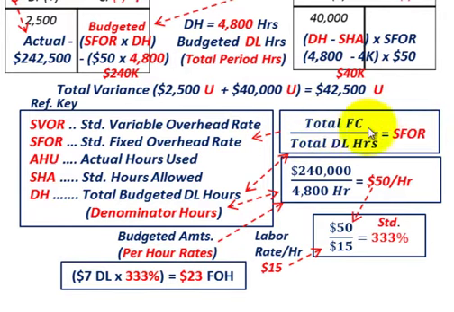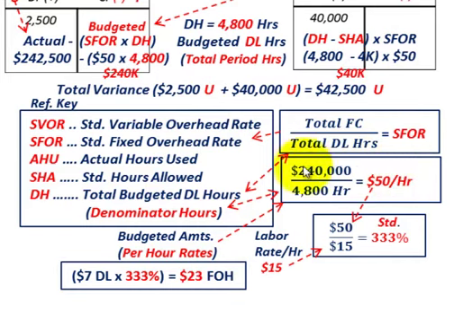So how would we go about calculating our standard fixed overhead rate? Basically, you take your total fixed cost that you budgeted for the period, in this case for the department, and you divide it by the total direct labor hours that you budgeted for the period. That's all on budgeted amounts. That's going to give you your standard fixed overhead rate on a per hour basis.